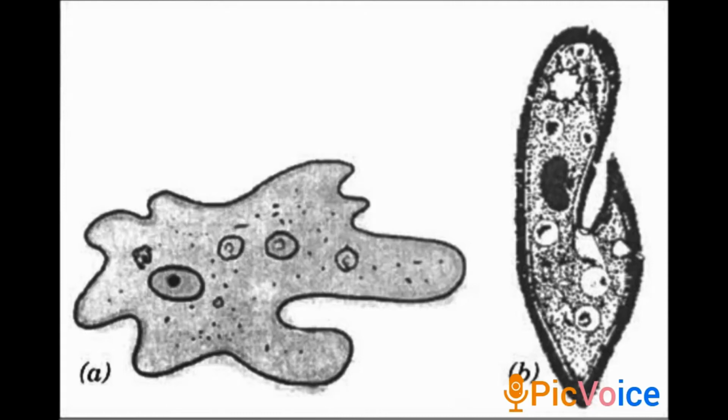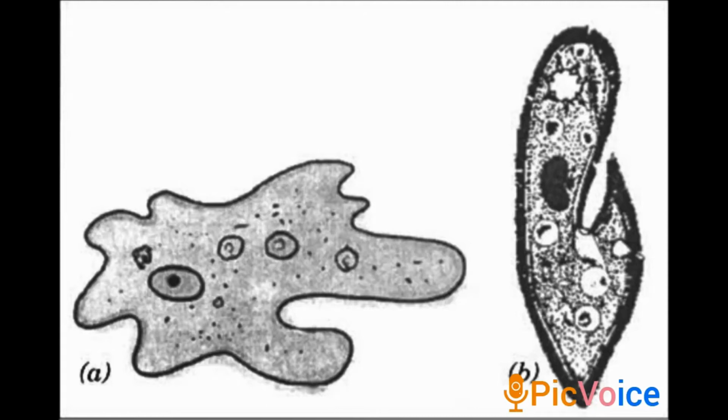So unicellular is a combination of two different words, uni and cellular. Uni means one and cellular means cell. So an organism which contains only one cell is called a unicellular organism.